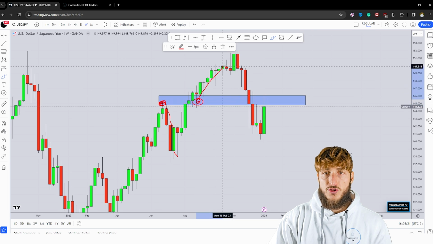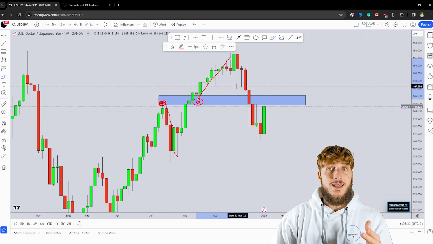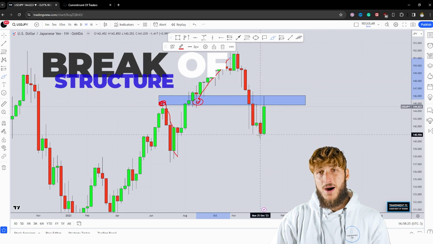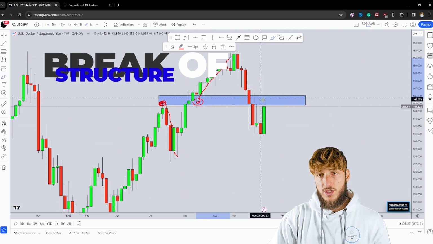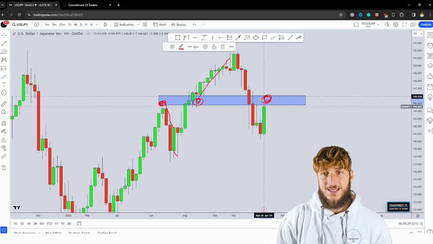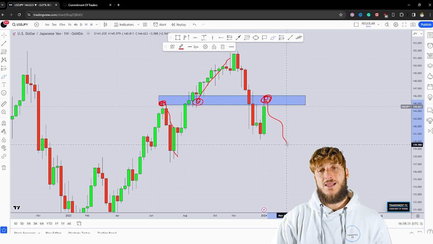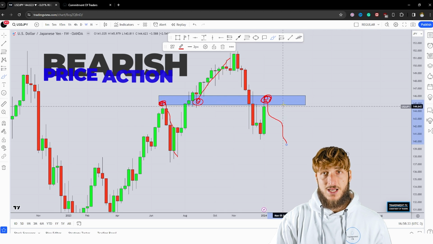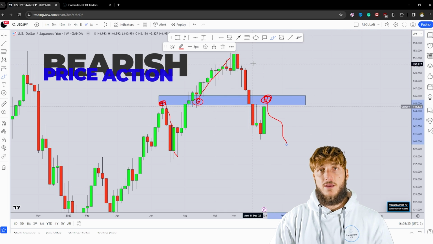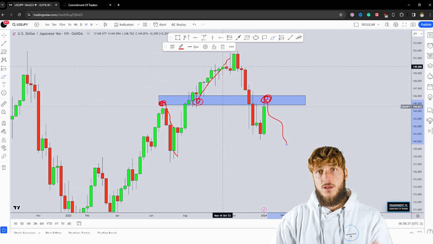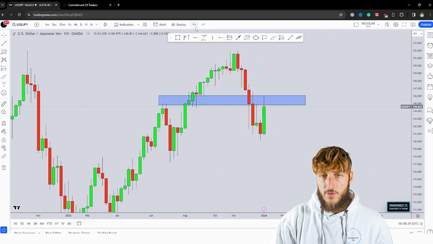And in fact, all this rejection to the upside was created, and now the market has broken back below the zone. So this previous support is now once again acting as resistance here, and we could expect some short-term bearish price action to be created away from this monthly and weekly resistance area.